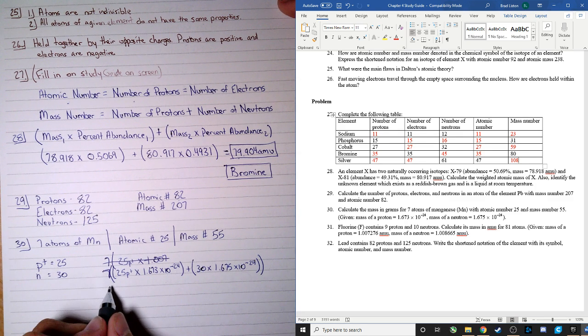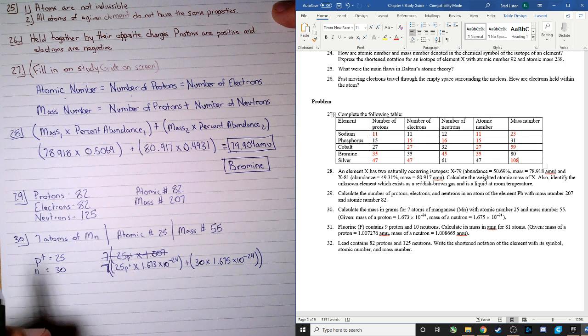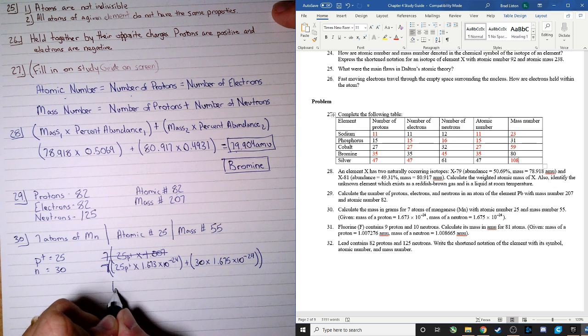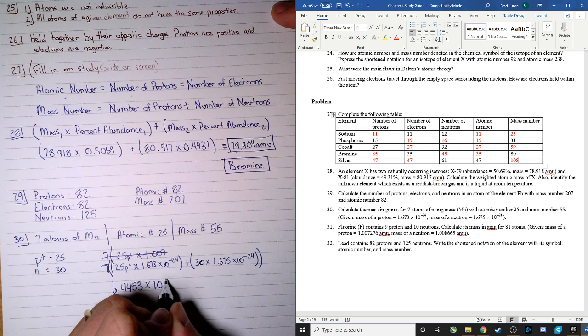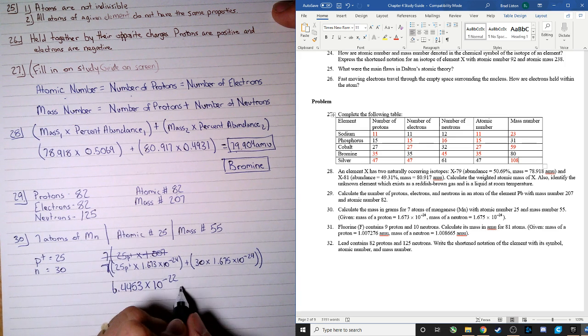So when you do all of this math together, you will come up with an answer of probably 6.4453 times 10 to the negative 22nd grams.